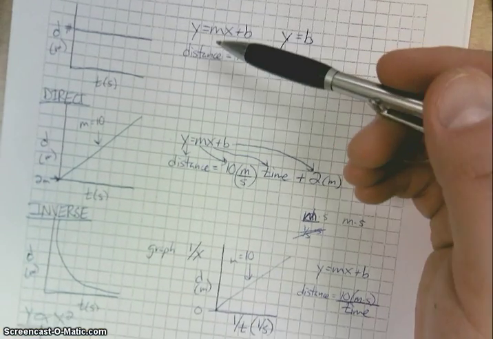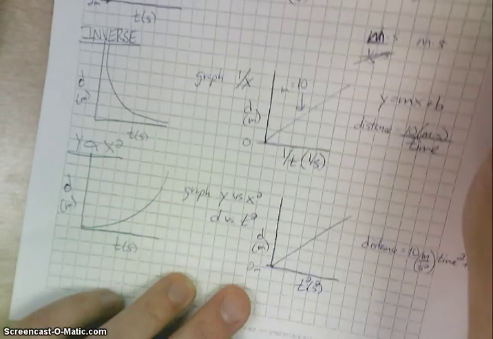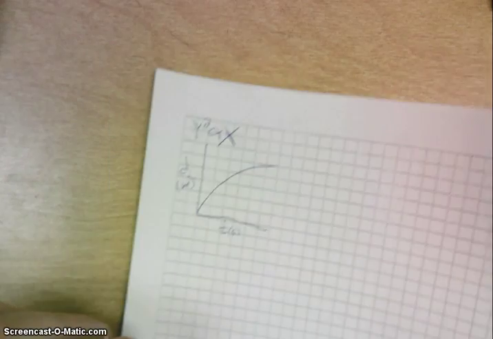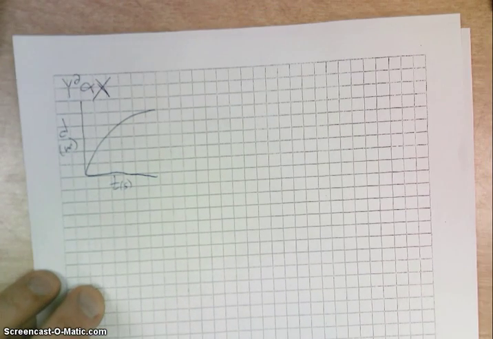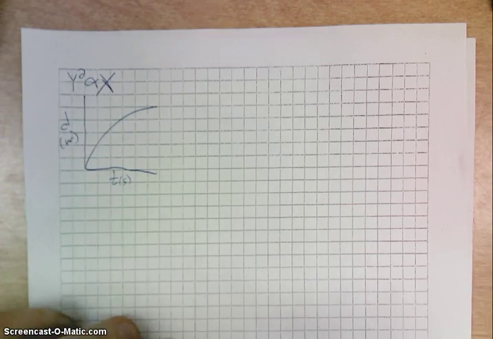So now we've gone through a no relationship, a direct relationship, an inverse relationship, an x squared relationship, and we've got one more that we're going to see throughout the course of the year, and it's a y squared. If I just got done squaring the x for an x squared relationship, you might be able to guess that for a y squared relationship, we have to square the y.